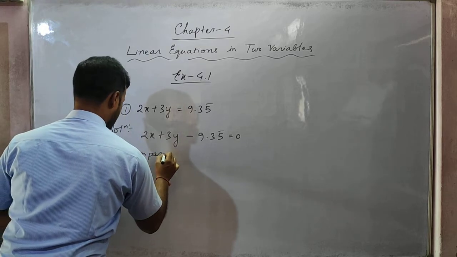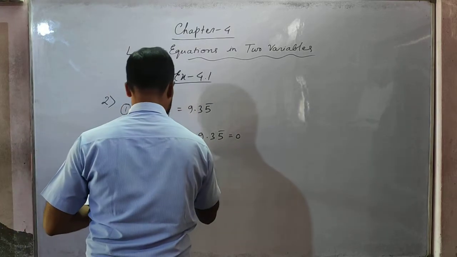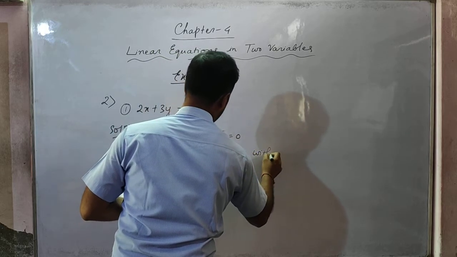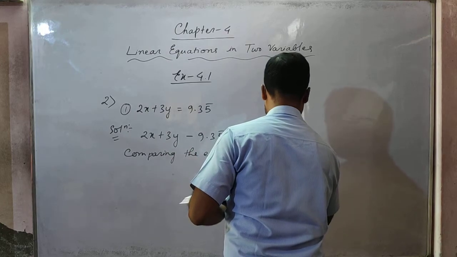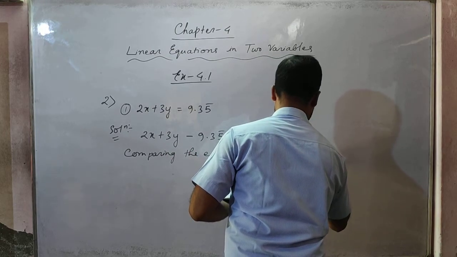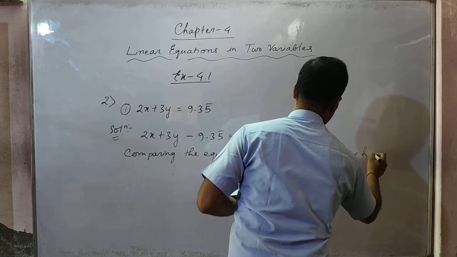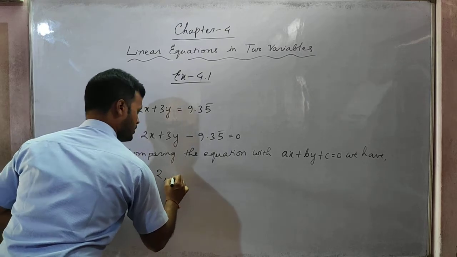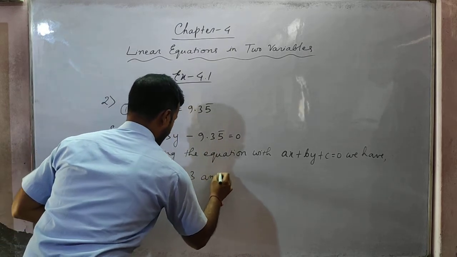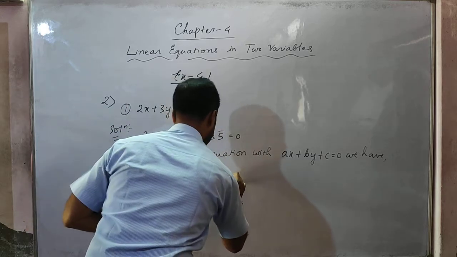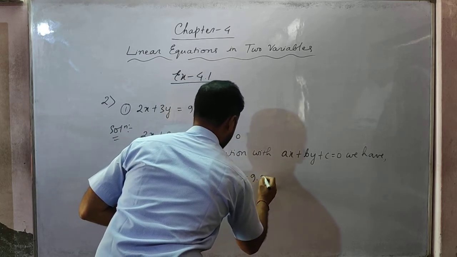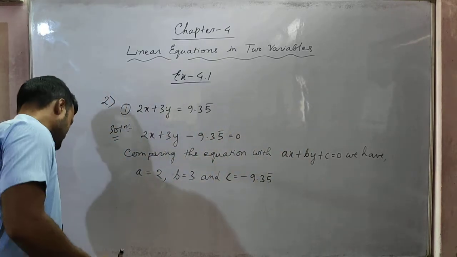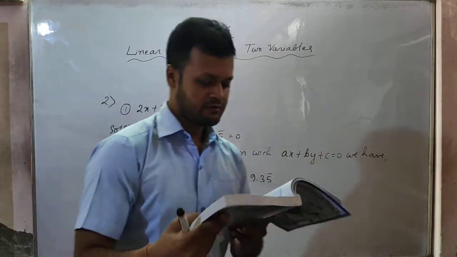Comparing the equation with ax plus by plus c is equal to 0, we have, friends, a is equal to 2, b is equal to 3, and c is equal to minus 9.35 bar.